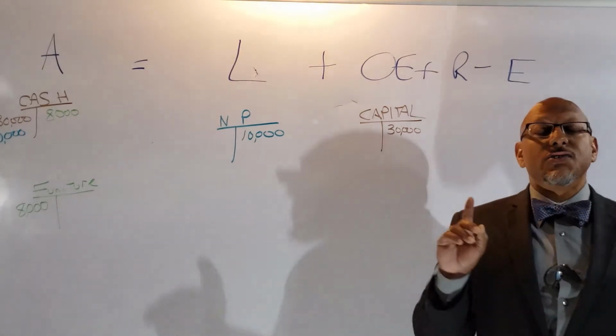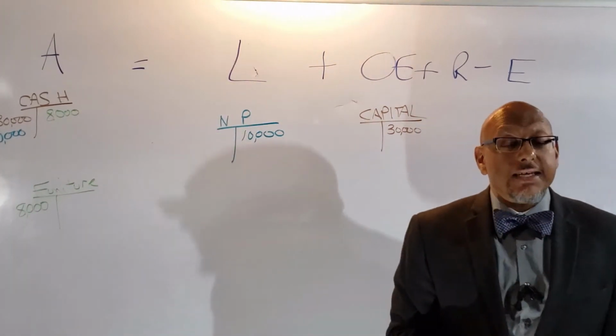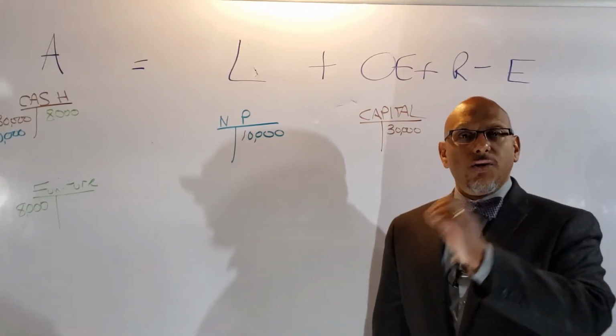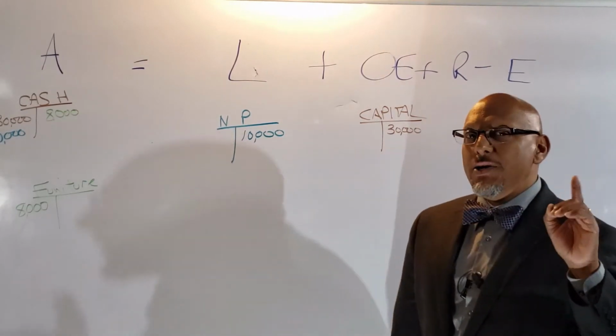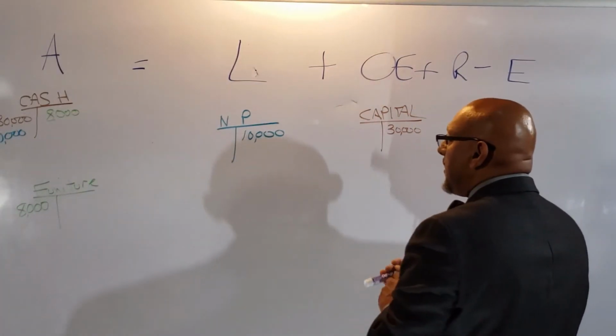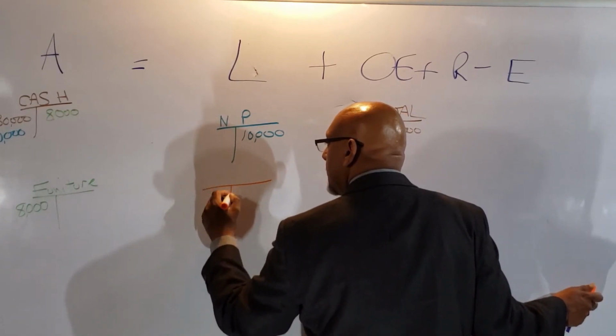But it's for services we are going to provide, but we haven't done it yet. Since we have not earned the money, it is unearned money. And remember, unearned revenue is a liability. So we're going to create another account here called unearned revenue.